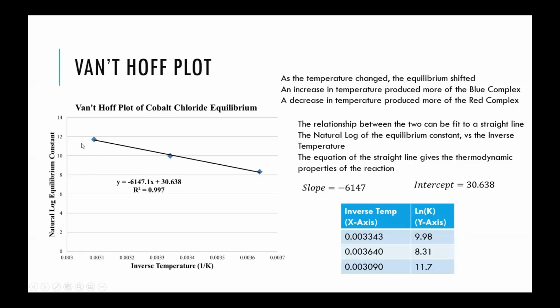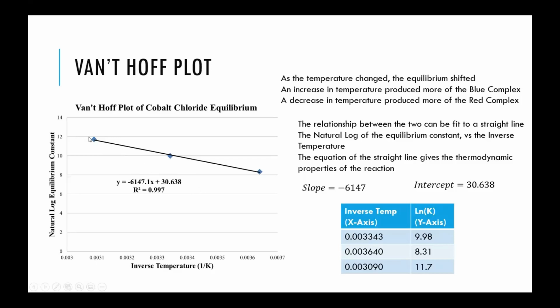And then when you plot the natural log of the equilibrium constant on the y-axis versus the inverse temperature on the x-axis, this is what's called the Van 't Hoff plot. And it should be a very straight linear line. And from that, you can determine the equation of that straight line. You can just solve for a slope and an intercept value.